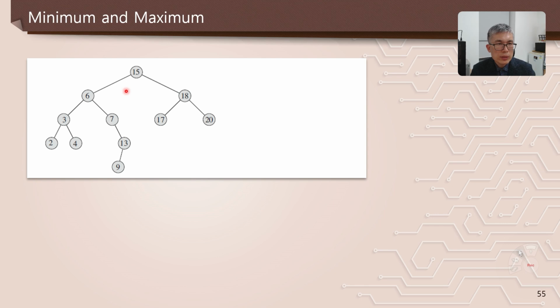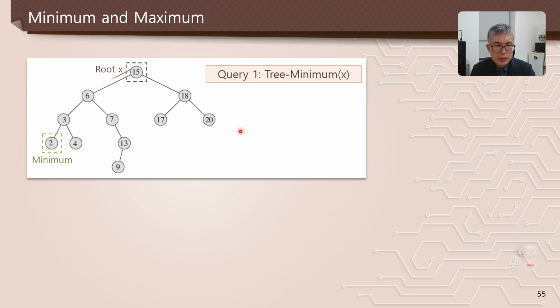For tree minimum, the leftmost subtree gives the minimum, and for maximum, the rightmost subtree gives the maximum.